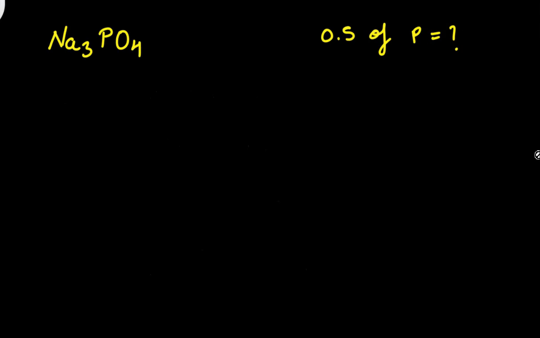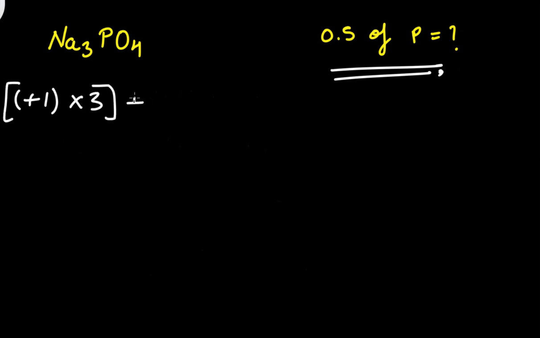Next, Na3PO4. Here you have to find the oxidation state of phosphorus. Now sodium has an oxidation state of +1. How many atoms are there? 3. So multiply it with 3. Take X for phosphorus and 4 into -2 for oxygen.